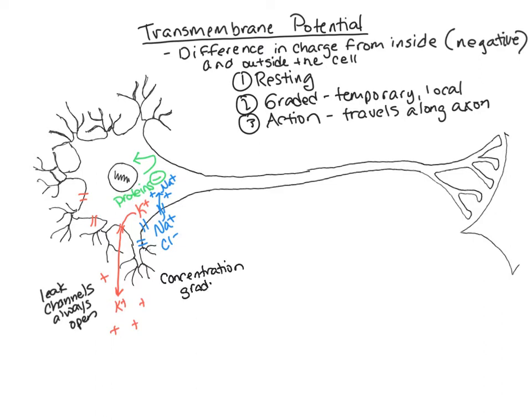There are more potassium leak channels, however, than sodium leak channels, so the cell membrane permeability favors potassium, meaning potassium diffuses out faster than sodium can enter. This means that there are more positive charges moving out than there are positive charges diffusing in.